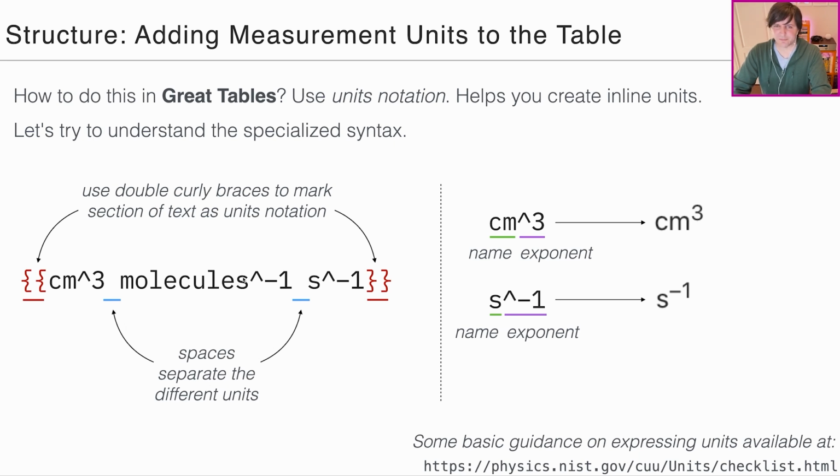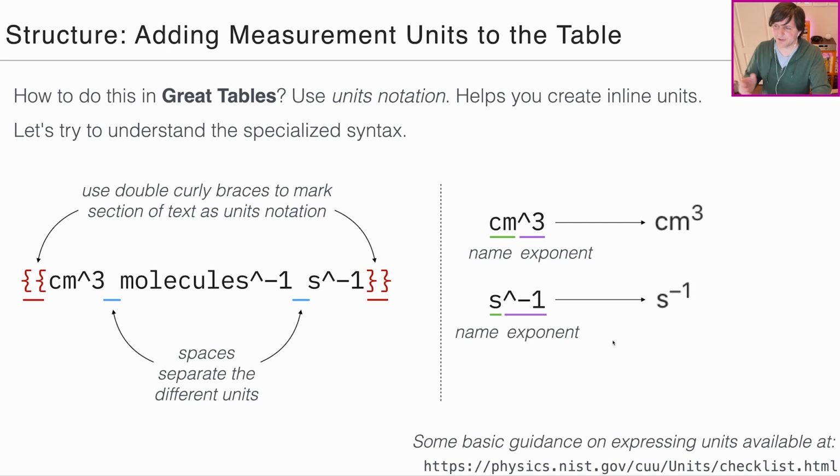Each of these different parts is formatted, and we see right here that we have a name of the unit, and then we have the exponent part. So for centimeters cubed, we use cm^3, and it gets rendered as centimeters cubed. Same goes with inverse seconds. We have the name, which is s, and then ^-1 to create that superscripted part.